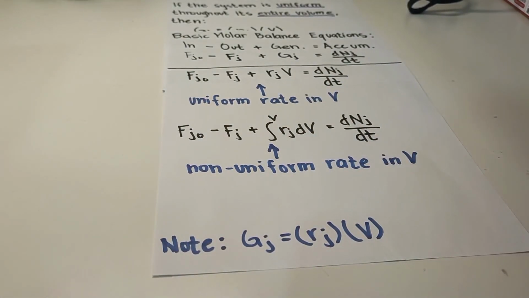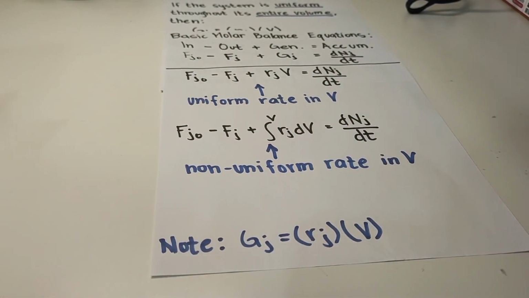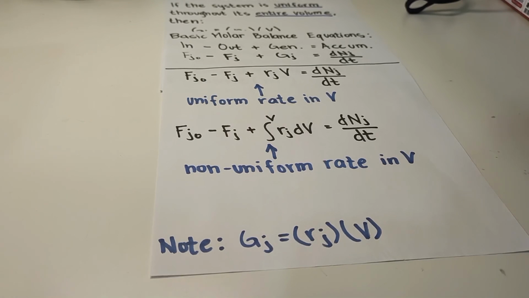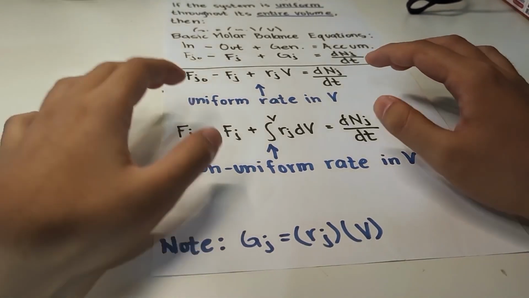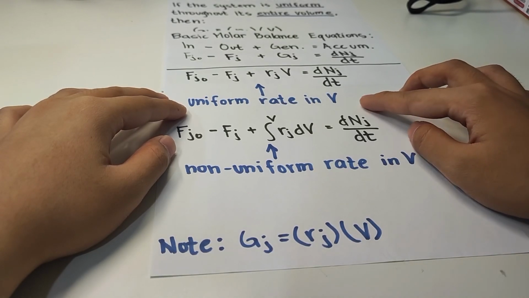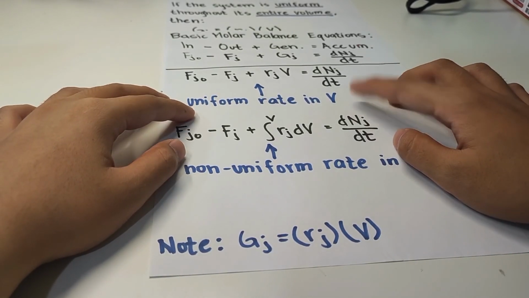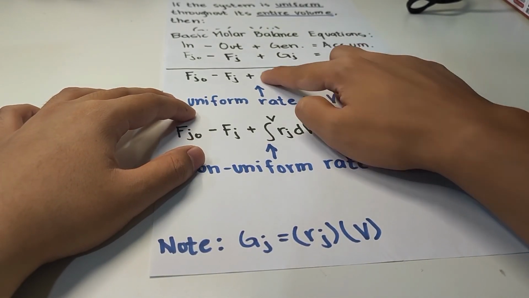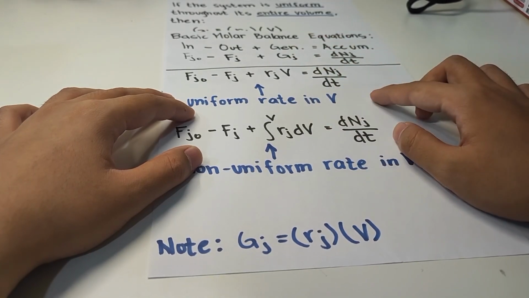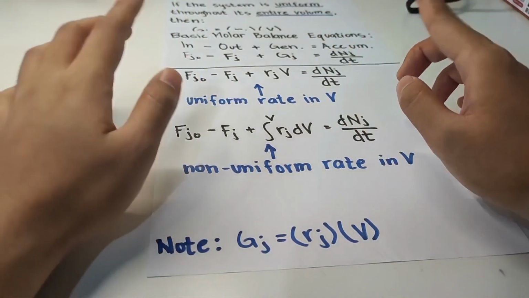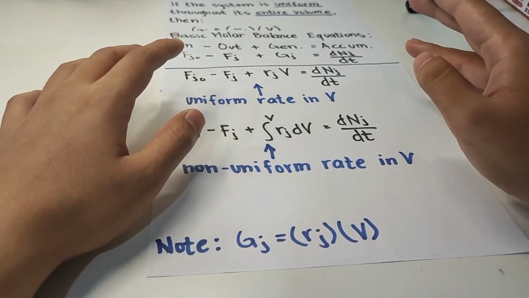Now, why do we have to do that? If you can recall from your previous chemistry classes, a uniform rate means that the rate of reaction is constant throughout the entire volume of the reactor.